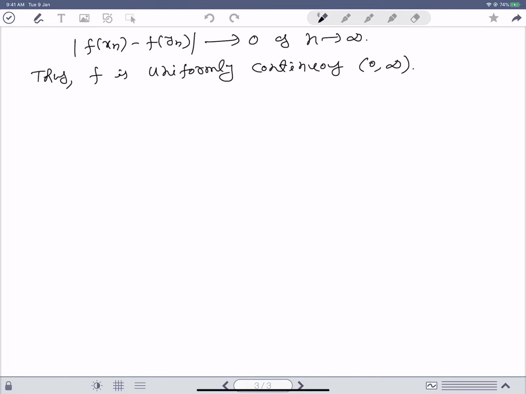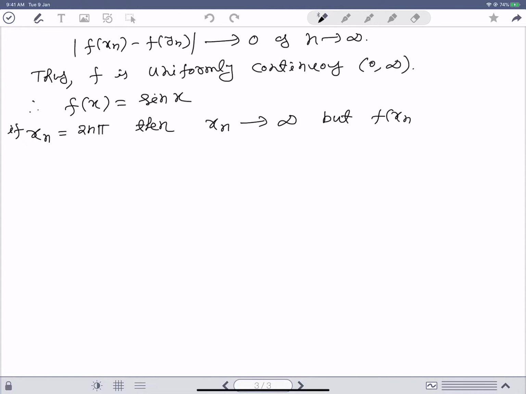Fine. Now we claim that the limit as x tends to infinity of f(x) does not exist. Why? Because here f(x) equal to sin x. Now if we choose xn equal to 2n pi, then xn converges to infinity, but f(xn) is 0, so it converges to 0 as n tends to infinity.